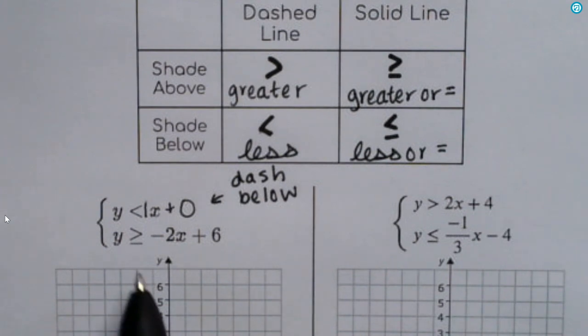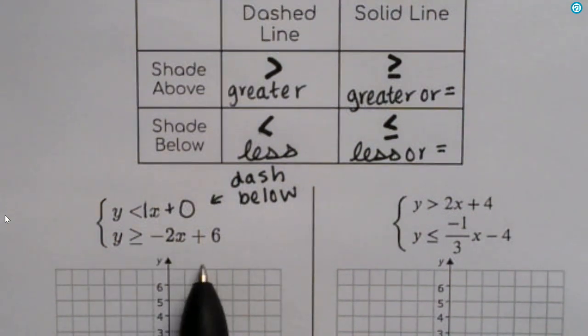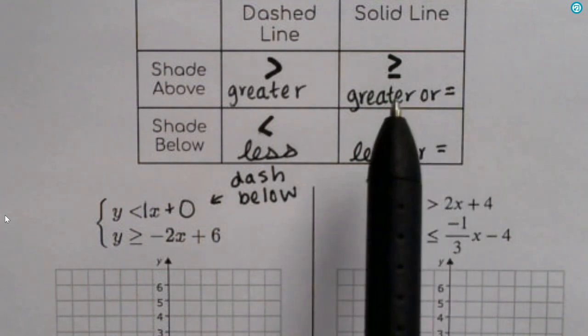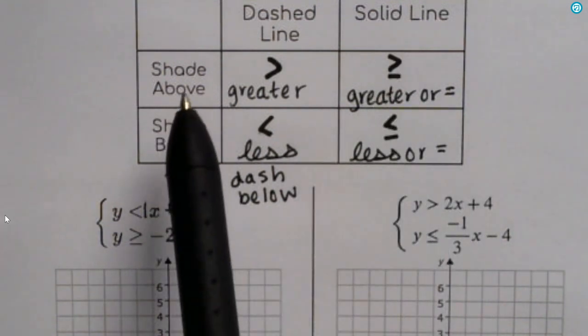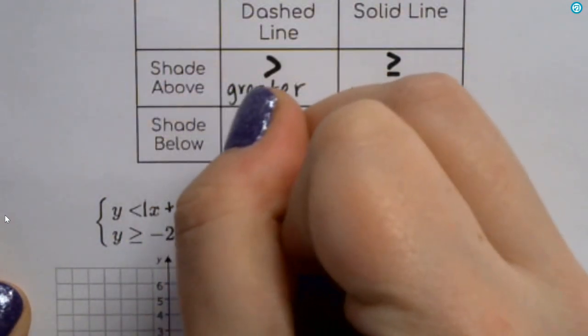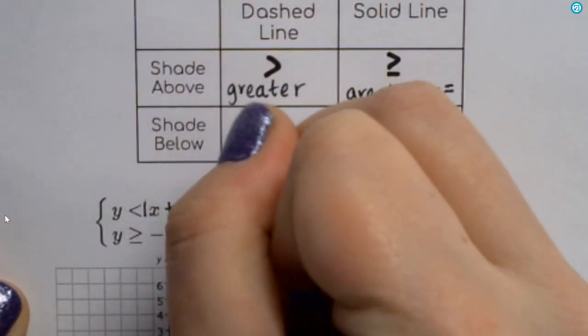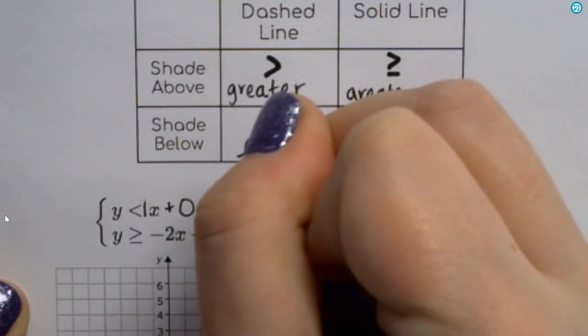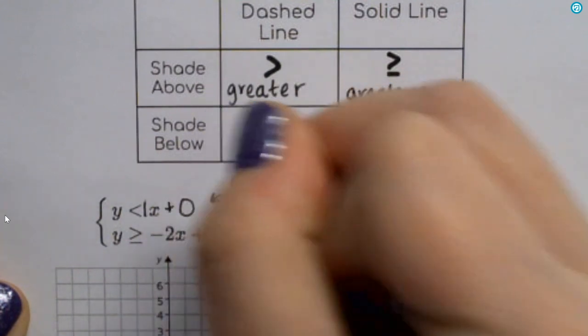For the second one, it's greater than or equal to. So greater or equal to, I'm going to do a solid line and shade above it. So a note here that says solid above. On your assignment, I put little blanks for you to write these things on.